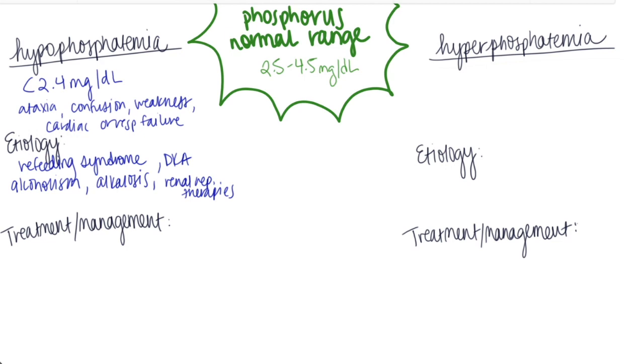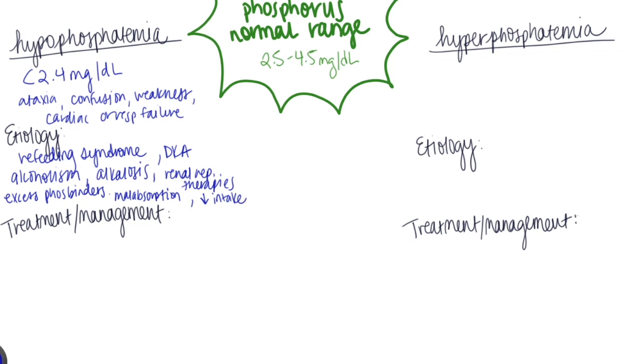You can see this in people who have excess intake of phos binders. So these could also be individuals who have some kind of renal insufficiency that's leading them to be taking phosphorus binders. You can see this in individuals with malabsorption, and then finally with people who have low intake.